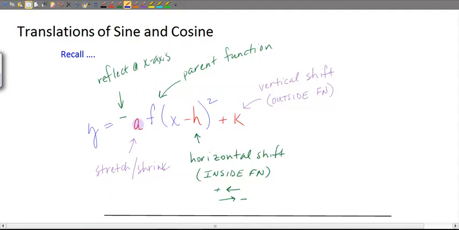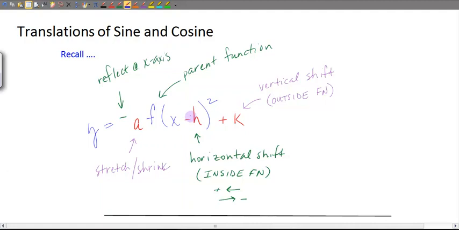In our translations, we also learned that this a was to shrink or stretch the graph. We also had a number inside of the parentheses. This number stood for a horizontal shift. In other words, it was going to move left or right, and it was never the same sign as what it appears.